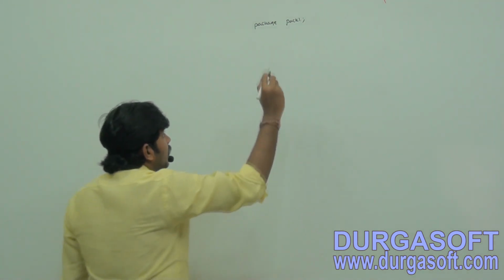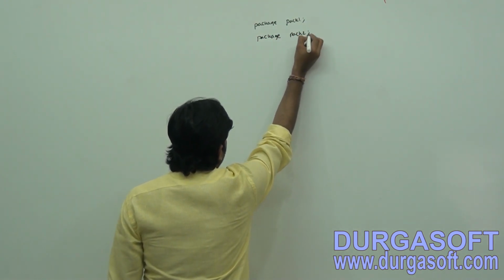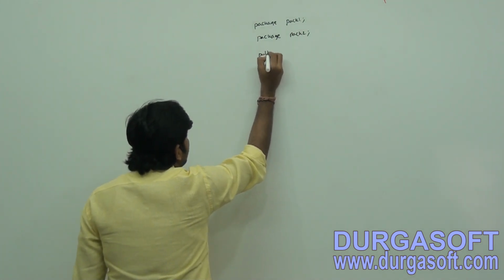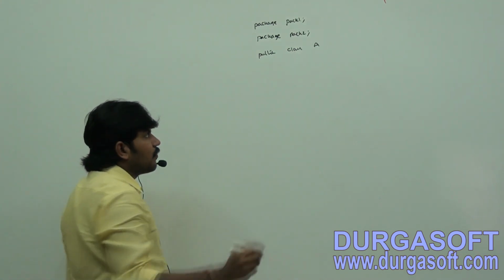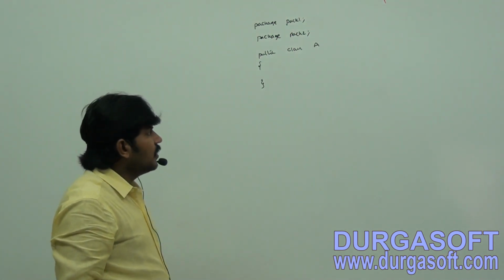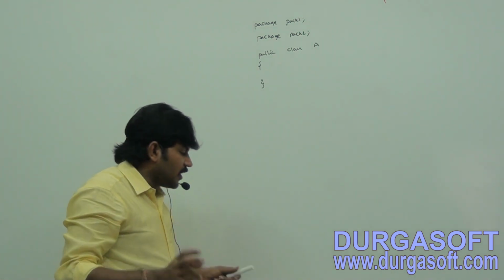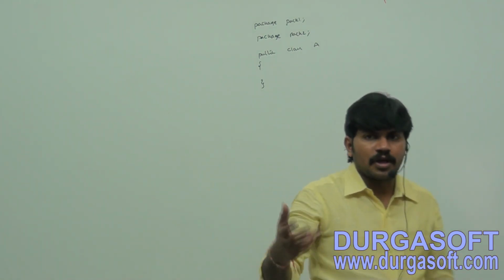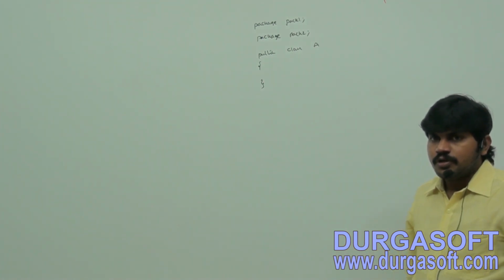Package pack1, package pack2. Now public class A, curly brace open and close. Like this. Sir, if I compile this program, how many dot class files will be generated? 1 or 2?